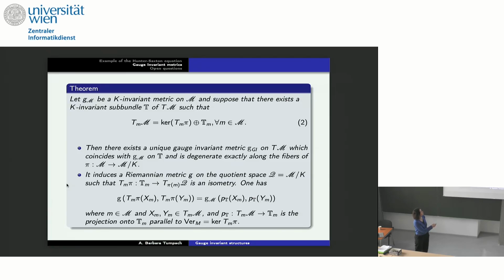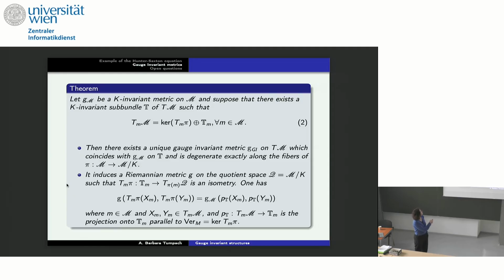This kind of decomposition is automatic in finite dimension. It is not in infinite dimension. You may have a kernel here which is not complemented. This happens. But in this case, suppose you have this kind of decomposition.